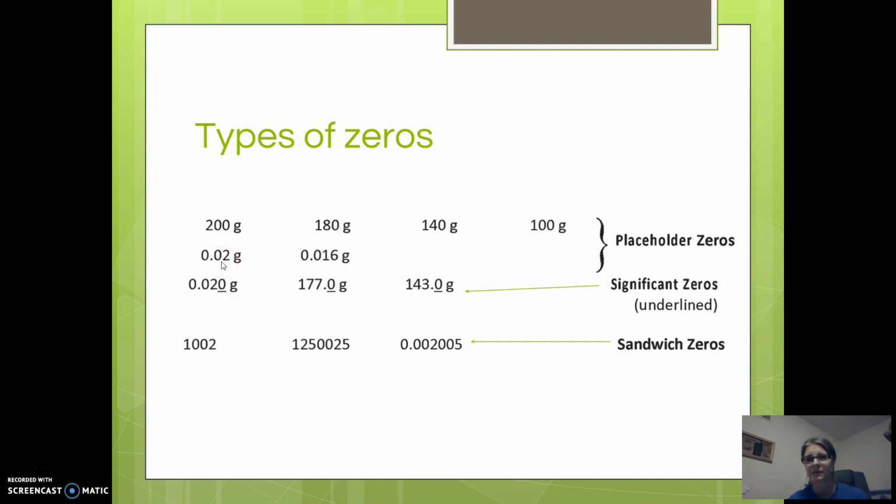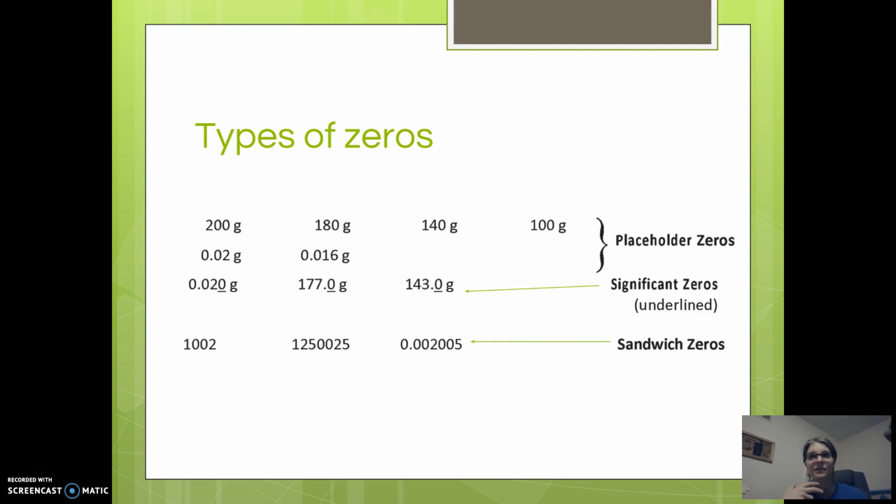The other zeros are placeholder zeros. You are either a placeholder 0 or you're a significant 0. You are not both at the same time. So down here, if you took away that last 0, it would still be 0.02. It would still be communicating that it's the same length. But that last 0 is significant. I actually measured it, and I know using this awesome balance that it is 0.020.